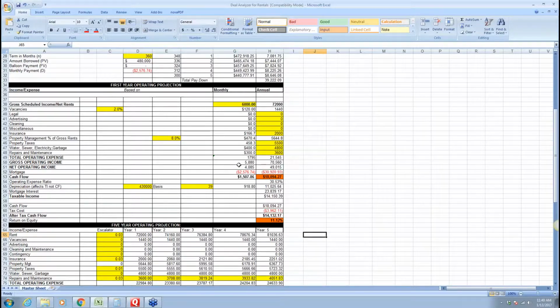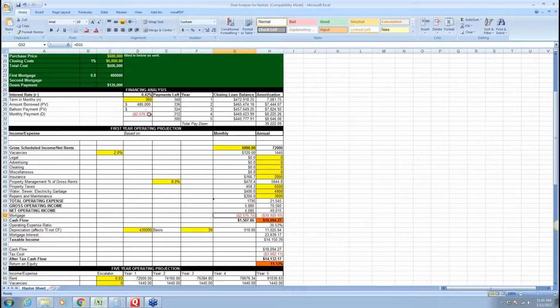So as you see, once you get your net operating income, one of the last things to take into consideration is your monthly mortgage payment, which is found about here above.